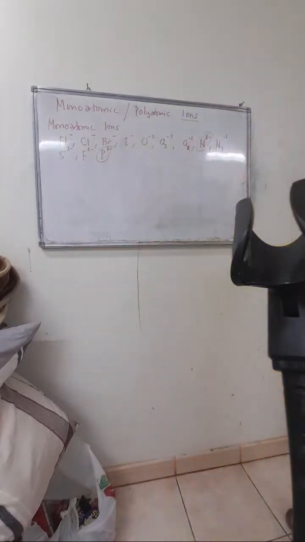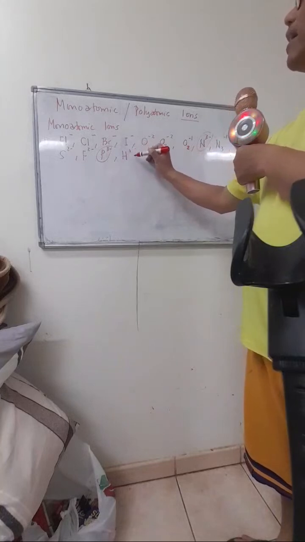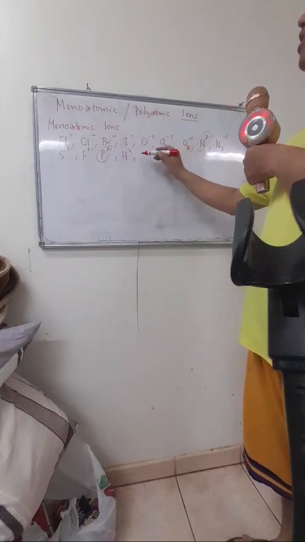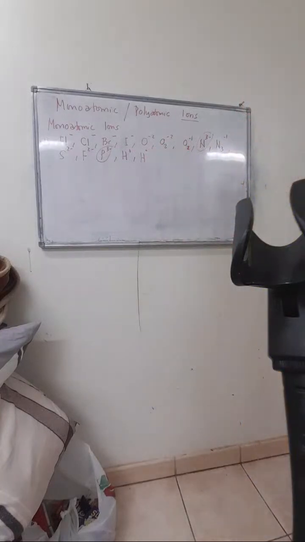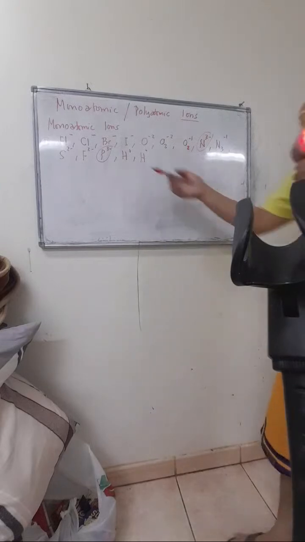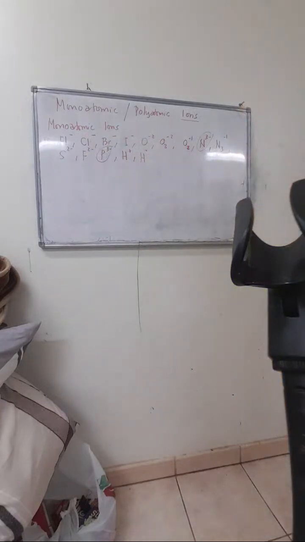You get the point? Then hydrogen. Hydrogen is also positive, and it also takes a dual charge. H negative is hydride. Follow the pattern of fluoride, chloride, bromide, iodide, which have a charge of -1.